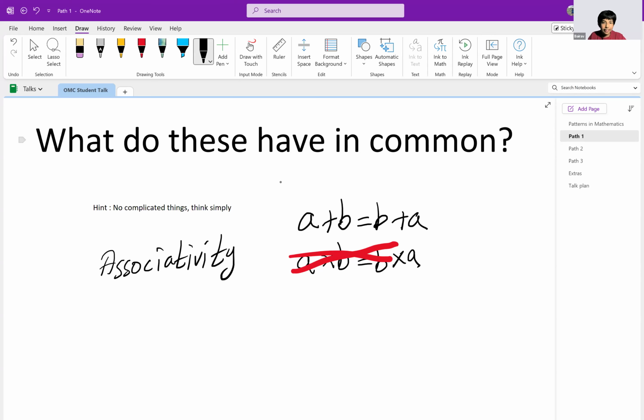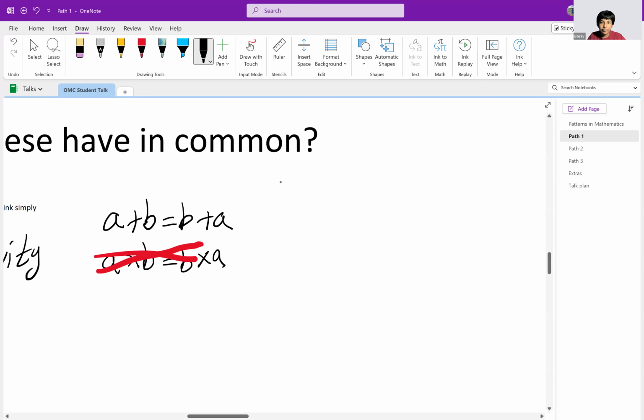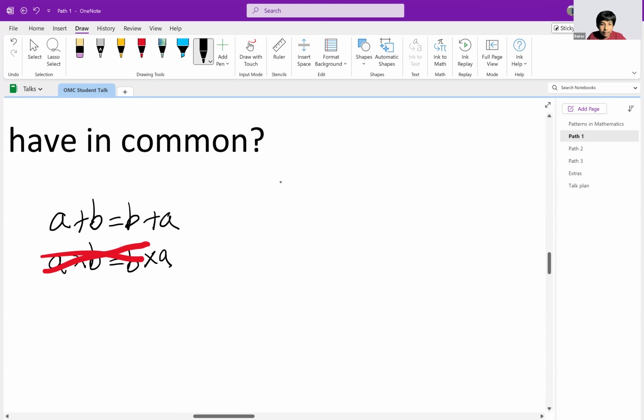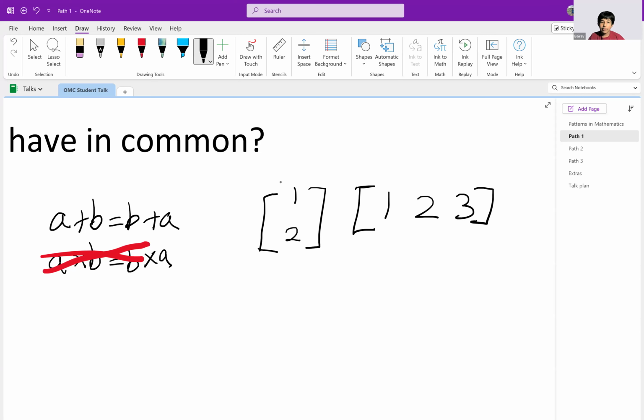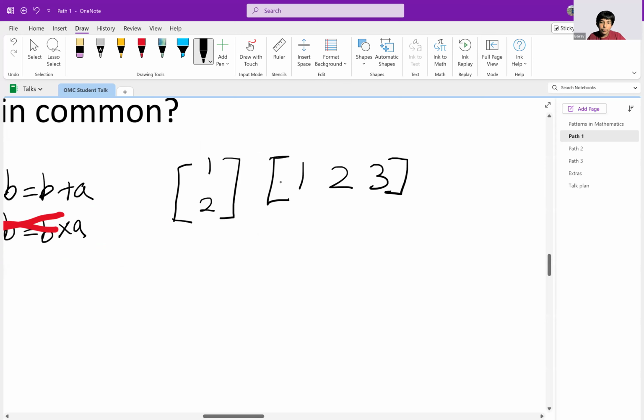So if we look at matrix multiplication, it isn't commutative because we can have a 1 by 2 matrix. Yes, so we have two matrices like this, and then we multiply them by looking at the rows and products.